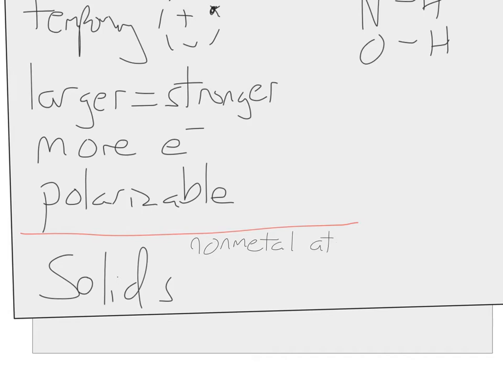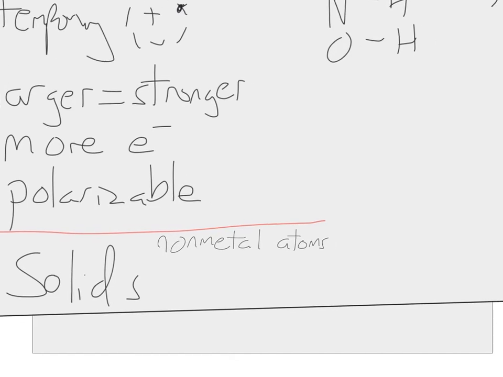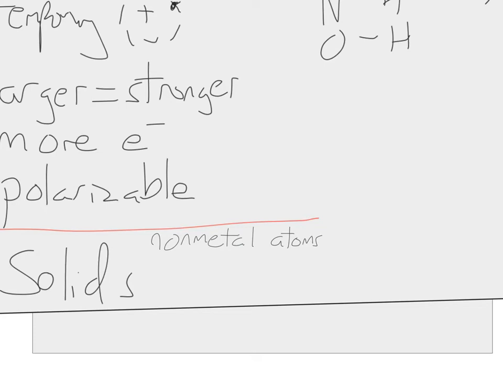So if we wanted to make something like neon or argon into a solid, if it was cold enough, they're not molecules, so we can't call them that. They are atomic solids. It's just a solid made up of atoms.